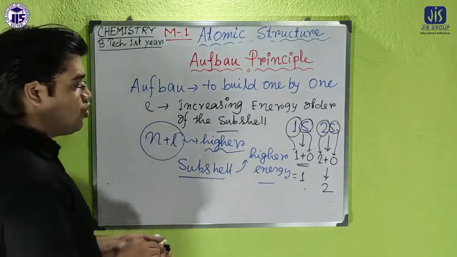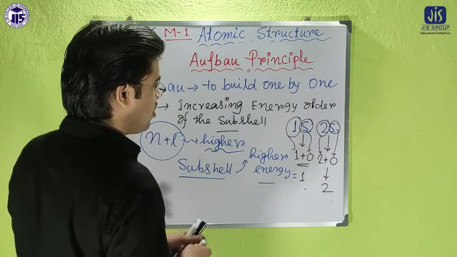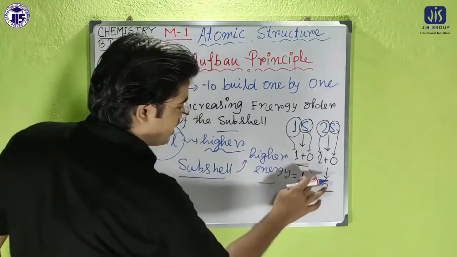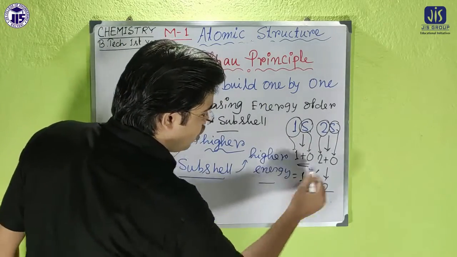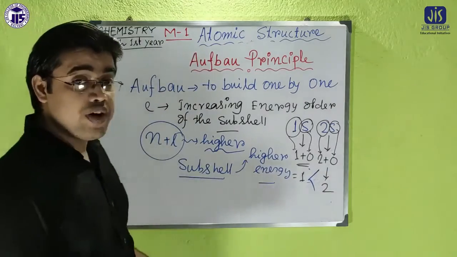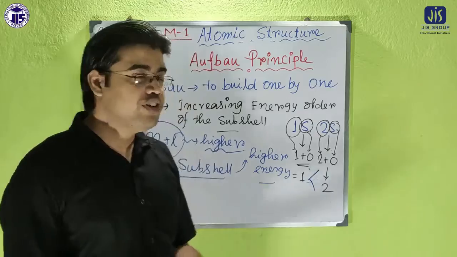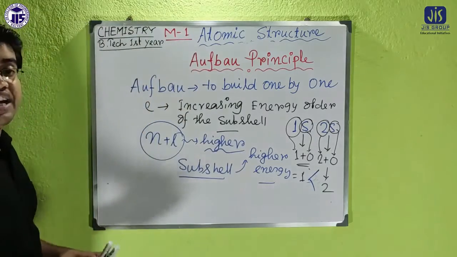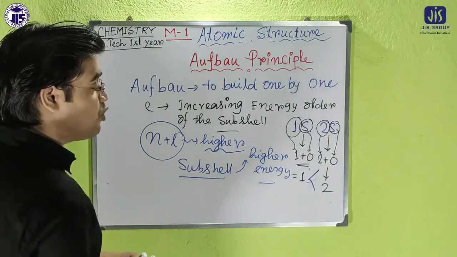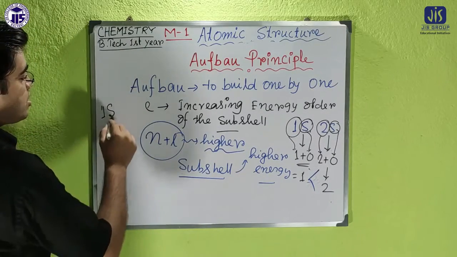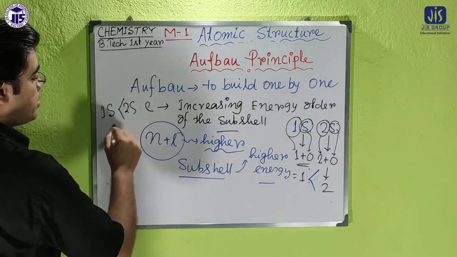So look here, 1s has lower energy than 2s, because the n plus L value is lower with respect to 2s. Obviously when you give the electrons, you have to follow that order. First there will be 1s, then 2s.